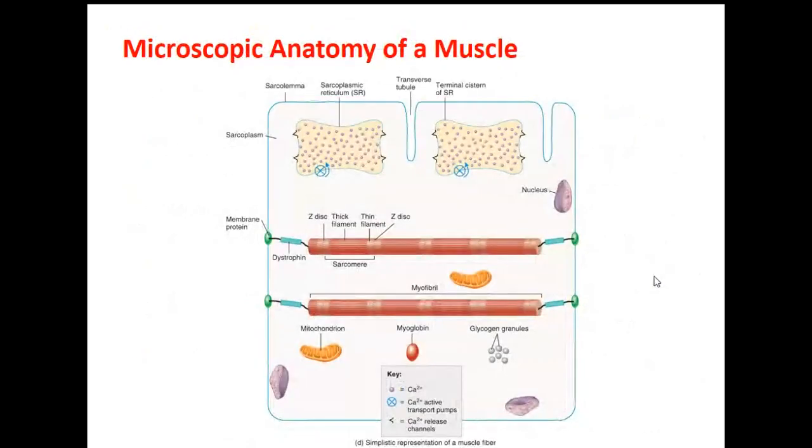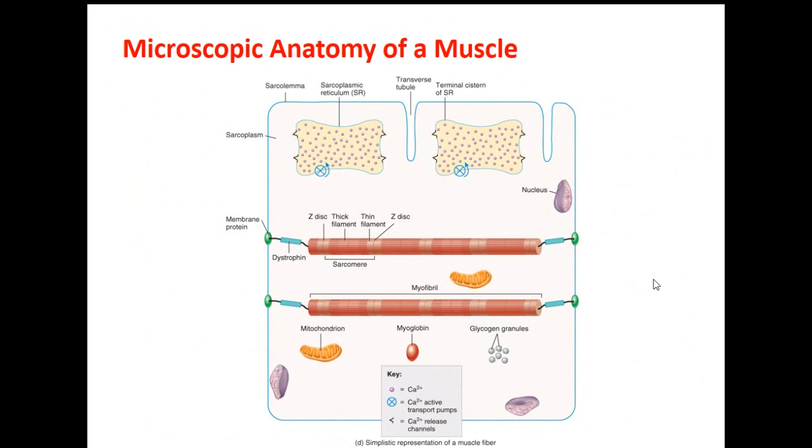This whole sarcolemma covering the whole cell will have this electrical impulse spreading out over it. When that electrical impulse goes down the transverse tubule, which is right next to these cisterns, these tanks of the sarcoplasmic reticulum that contain calcium ions, it causes the calcium ions to be released.